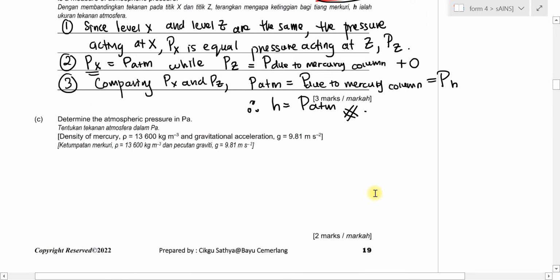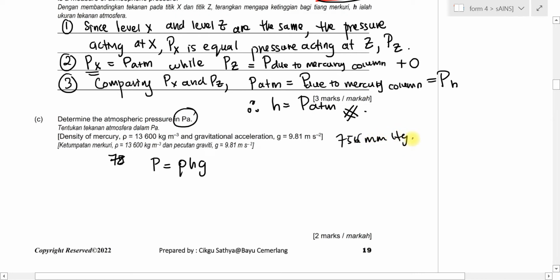Next, determine the atmospheric pressure in Pascal. Common question. So we know it's 756 millimeter. We write first: pressure equals rho g h. Pascal means you need to use this formula. And remember, your atmospheric pressure is 756 millimeter Hg.